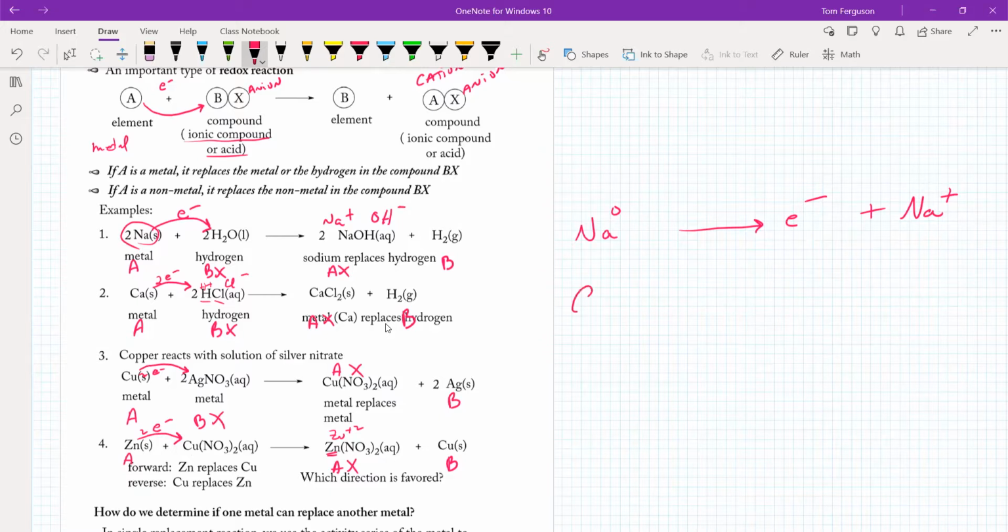Here we have calcium metal, loses 2 electrons and becomes calcium +2. Copper metal, electrons.